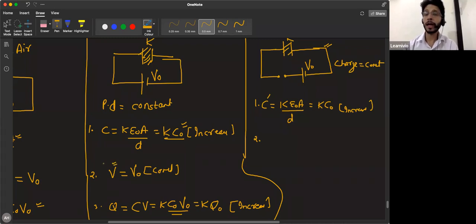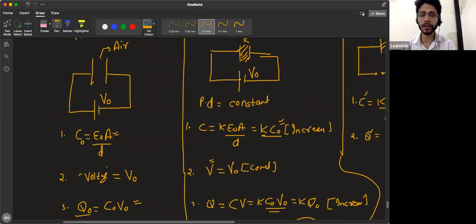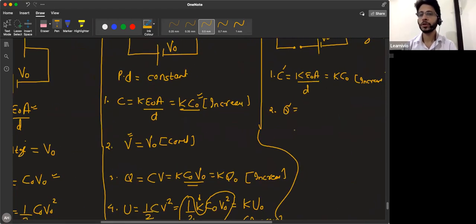Now, to calculate voltage, we'll be using charge. Charge in the final condition will be equal to charge in the initial condition, Q naught. So Q equals Q naught, which is C naught V naught. When you introduce a dielectric slab but disconnect the battery, capacity, energy, voltage, everything can change except charge.